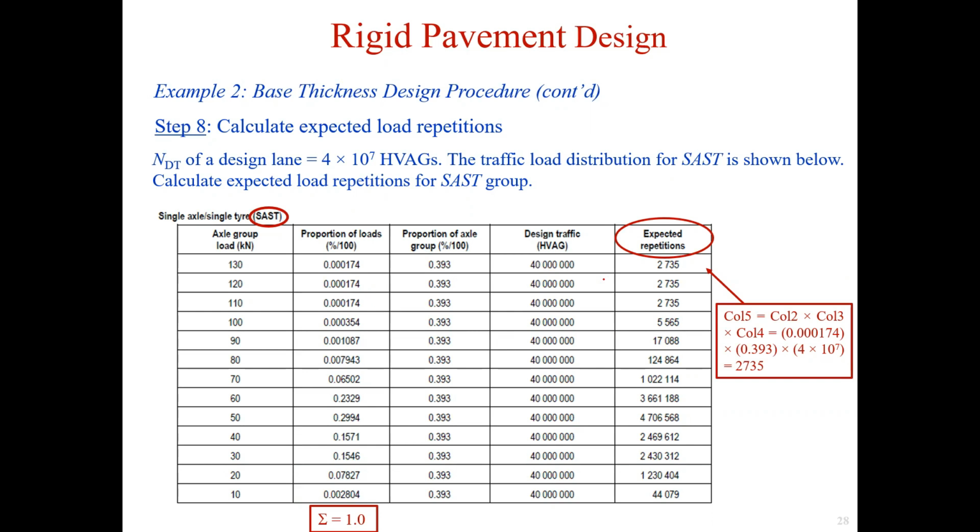So for each axle load, we could calculate the expected load repetitions for the SAST group by multiplying the proportion of axle group by the design traffic. So the expected load repetitions are shown in the last column of this table.